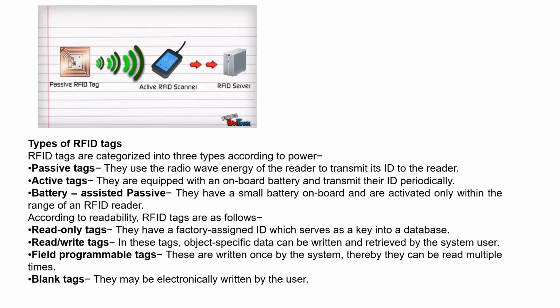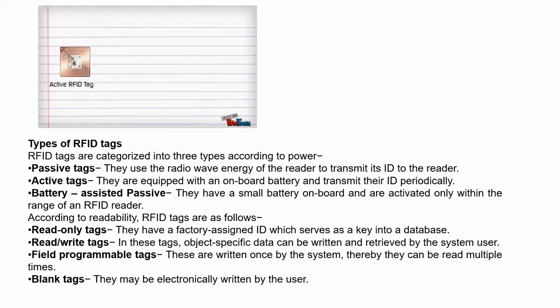So these types of tags are called read-only tags. There are read-write tags, on which data can be written and also read. So the user can change the data within the tag.